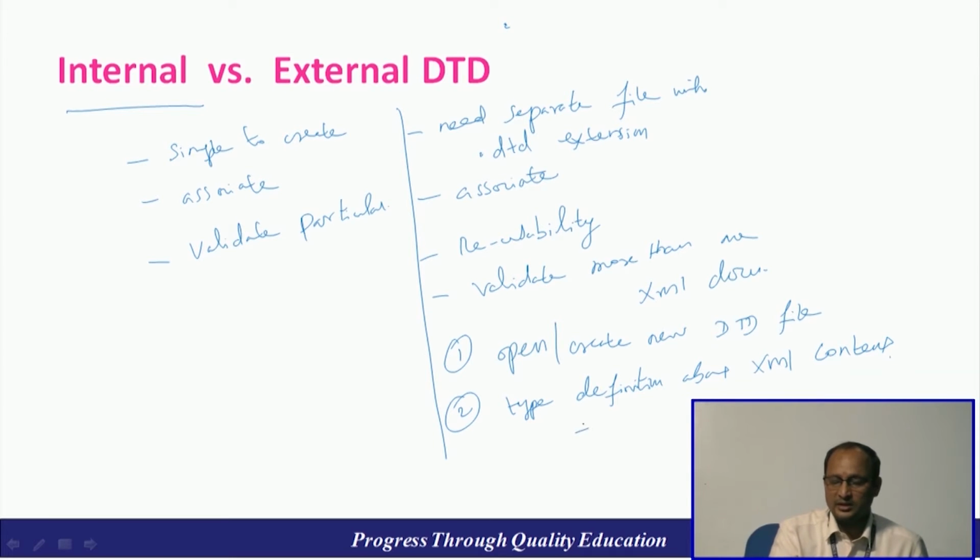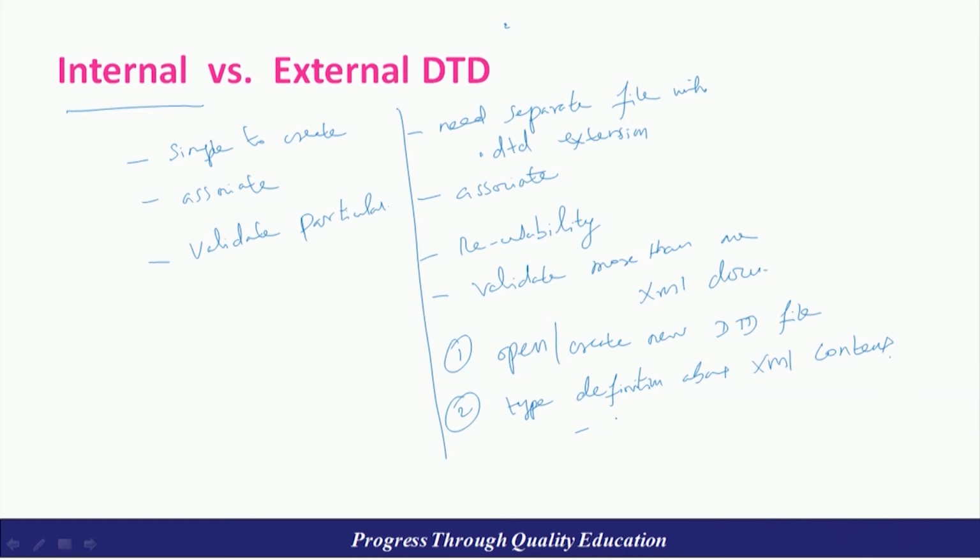It means it has definitions about elements, attributes and text, as well as entities. These are the possible content that can be included for defining an element.